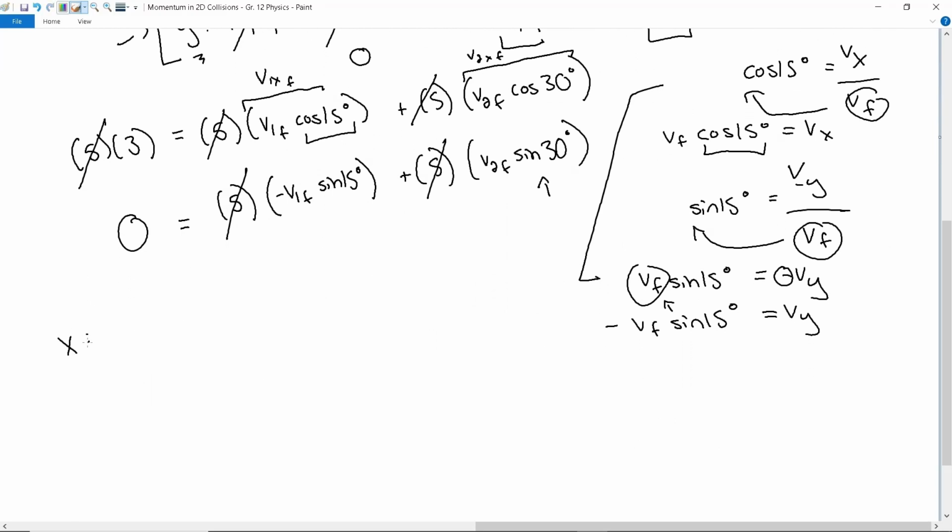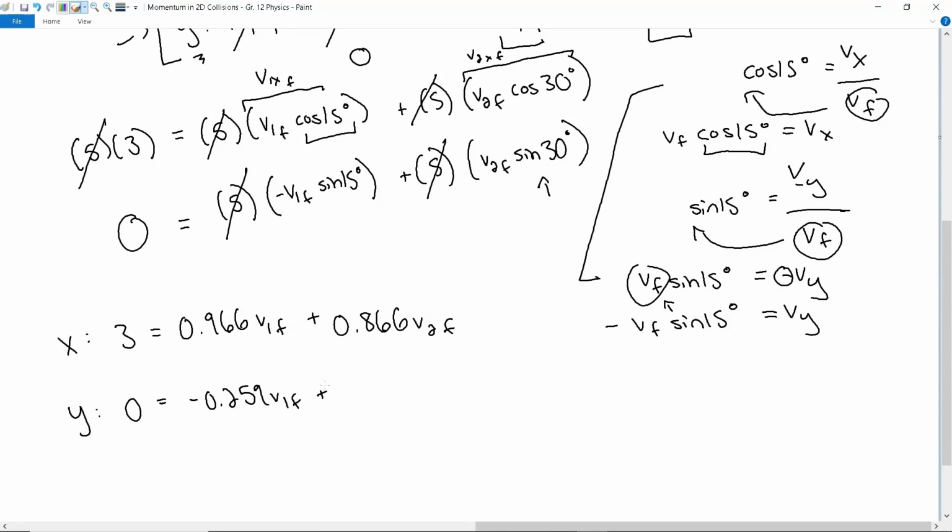Let's do x. We've got 3 equals 0.966 v1f plus 0.866 v2f. And I will do the same for y. Okay, looking a lot better.